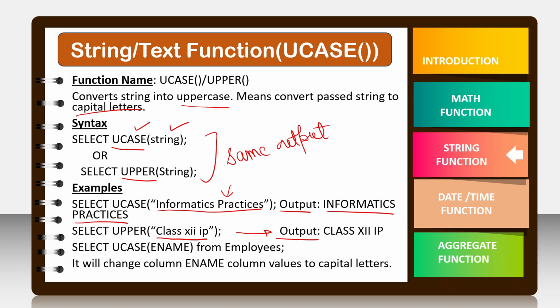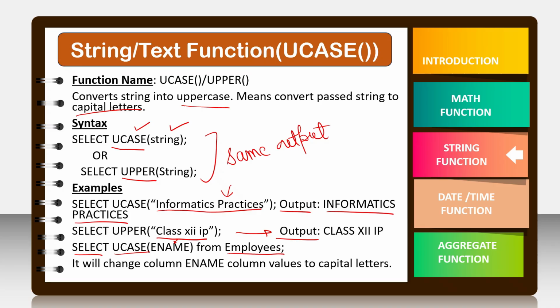Now, if you want to apply this function UCASE or upper on a table, then how do you write the query? For that, you have to write select, then the UCASE function name, then here in brackets, we will pass a column name. Say you have a table employee, which has ename as one column. We want to convert all the employee names into capital letters. So we can write the query select UCASE, and then ename from employees.